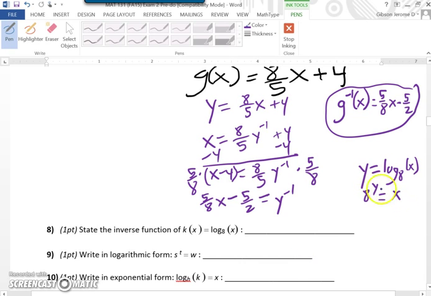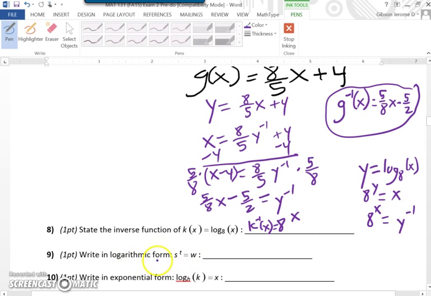Now I would switch these two. It'll be a to the x is equal to the inverse of y. So this is the inverse. So k inverse of x is a to the x. And that's it. Are there any questions?